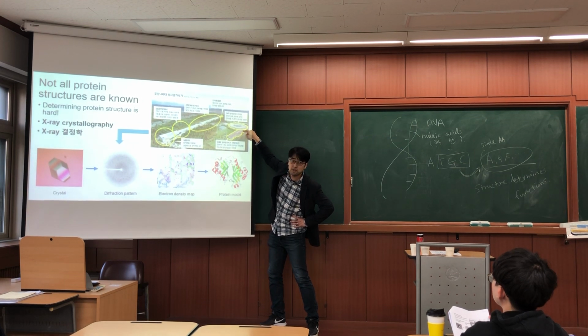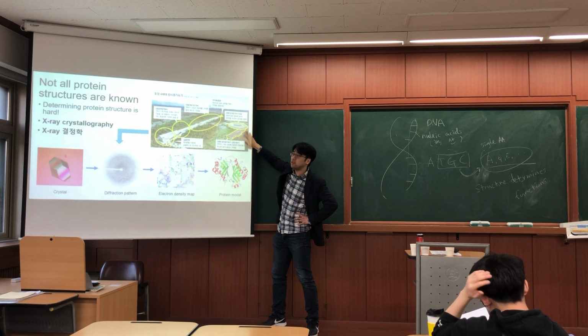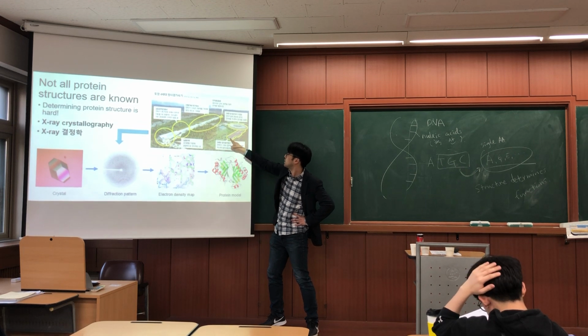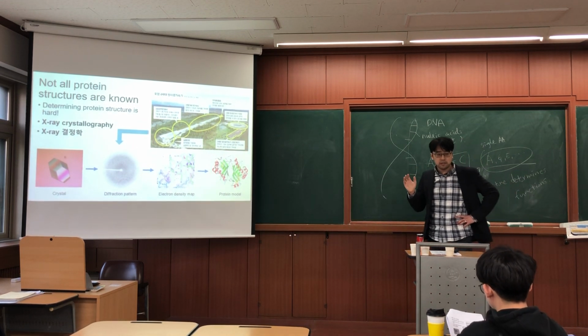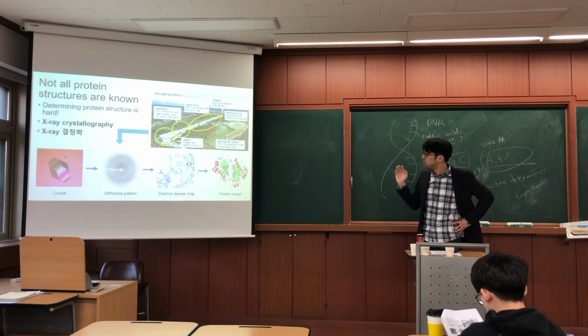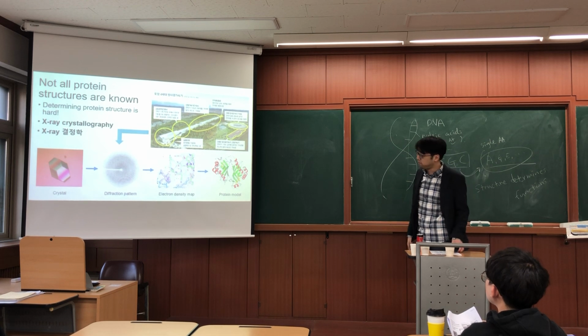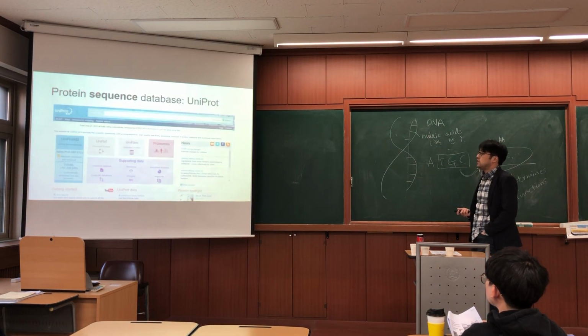Many researchers are working here, like 20 or 30 different groups at the same time, using the X-rays from this accelerator. So the whole process of determining protein structure by X-ray crystallography is very time-consuming and very difficult. It is not that easy.